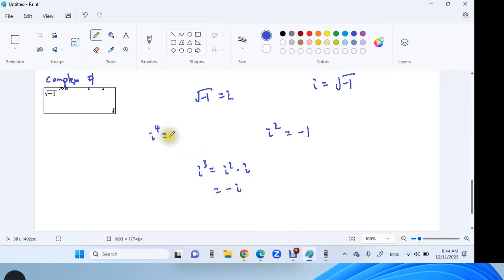Then i to the power 4 is equal to 1. Then when you continue multiplying with i, it will go i, negative 1, negative i, 1, i, negative 1, negative i, 1. So we have i to the power 5, 6, 7, 8 like this. Okay, so this is the imaginary number.